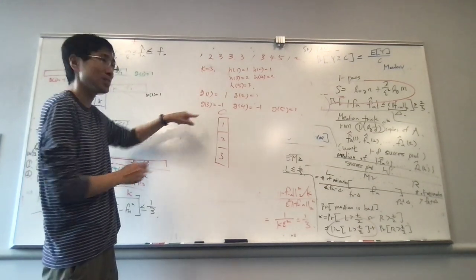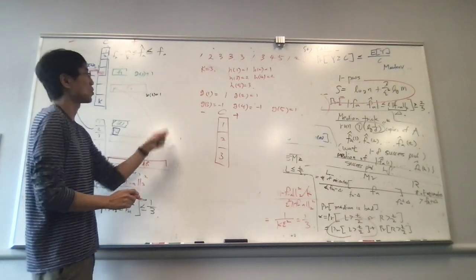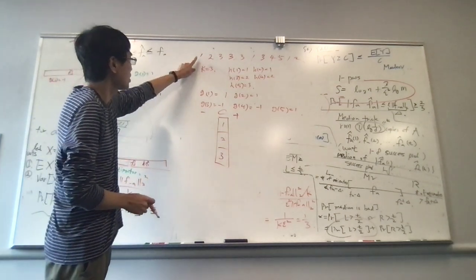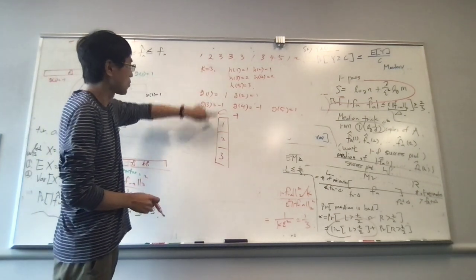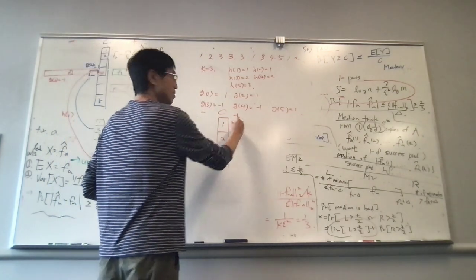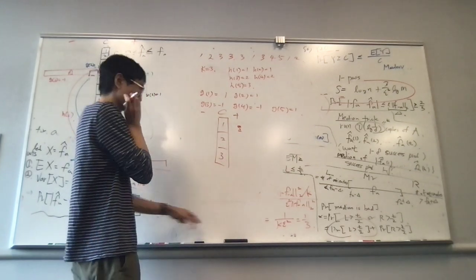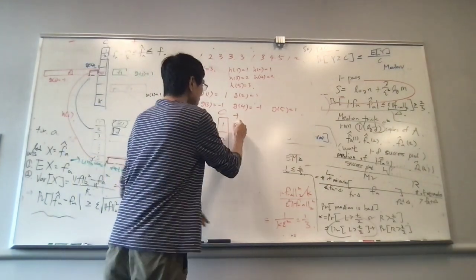I need to find the slot and the sign, left or right. So I see 1. 1 is mapped to the first slot, and the sign is 1, so I put 1 here. Let me just put the number here.